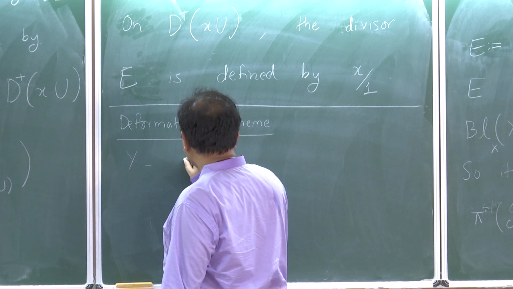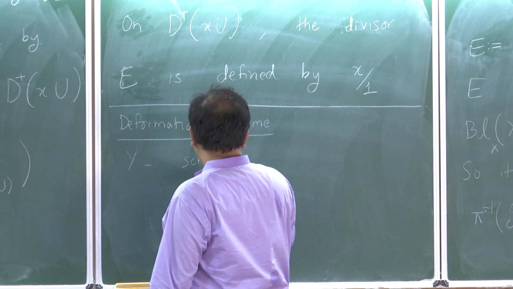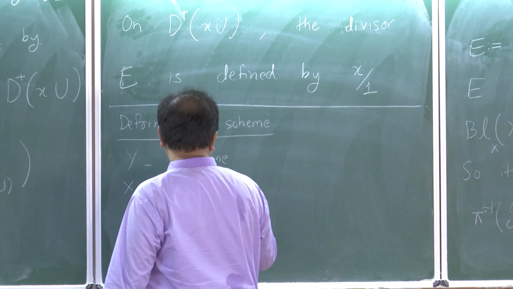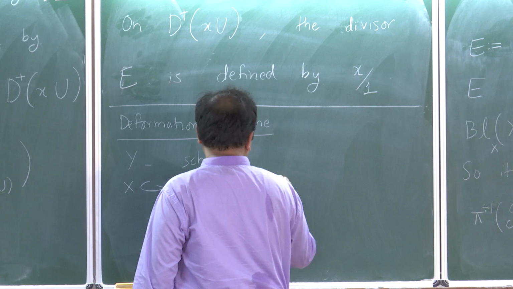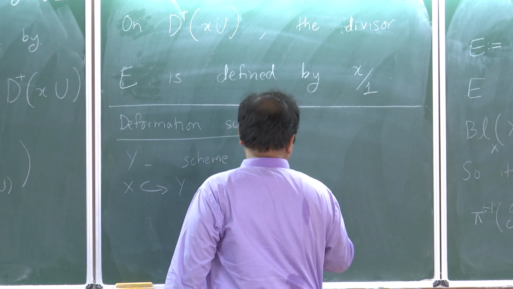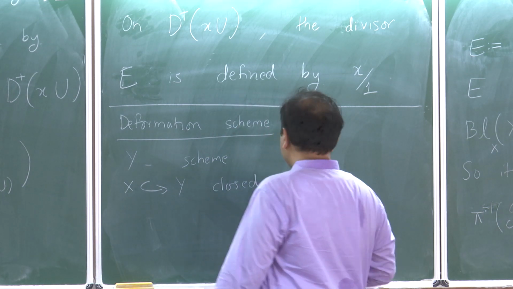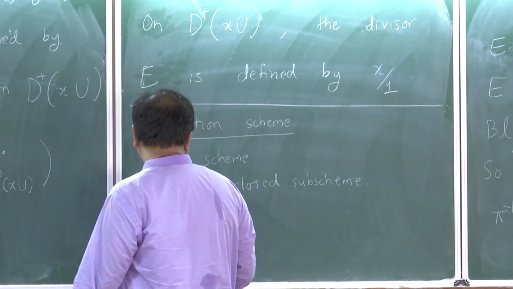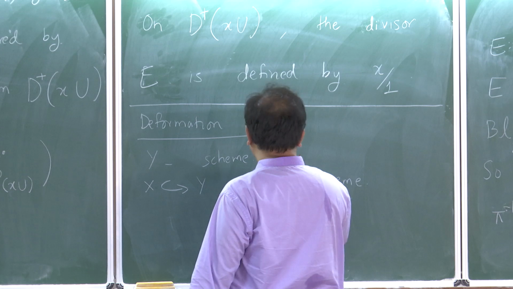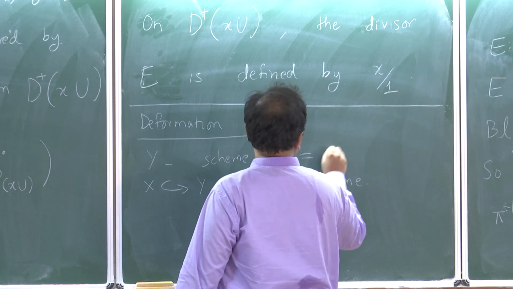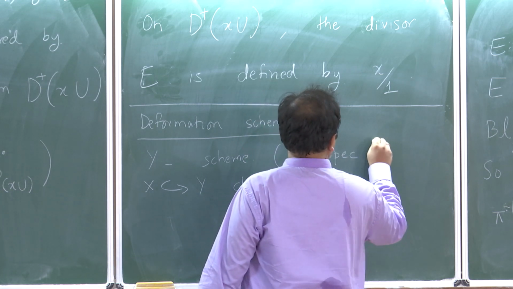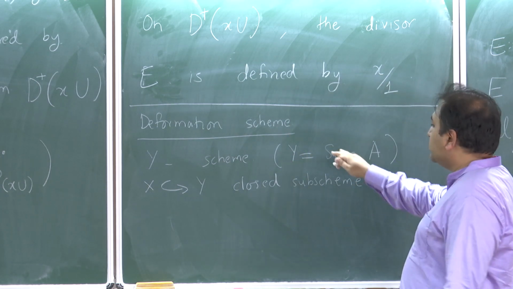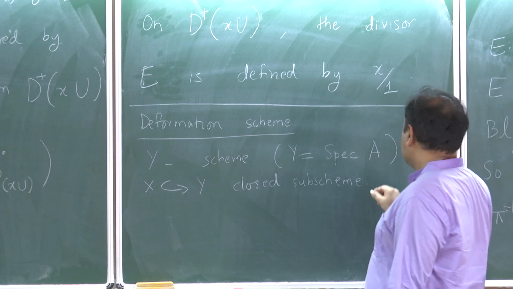So Y is a scheme, and X in Y a closed subscheme. Let me just continue like this and take, let's say, Y equal to spec A. Whatever I do over here can just be glued together.